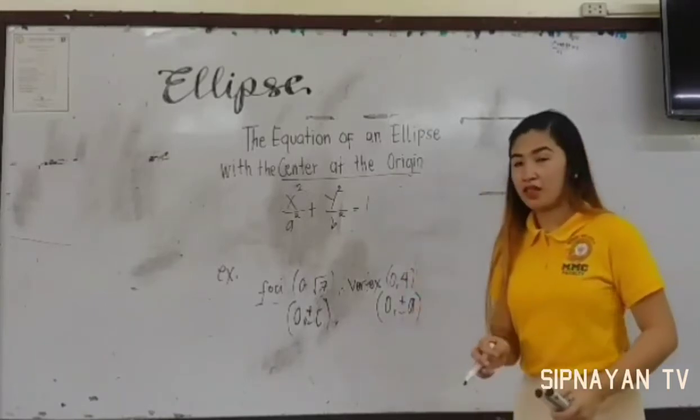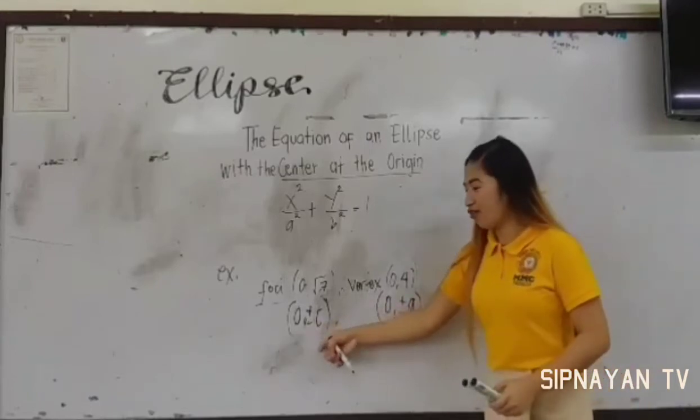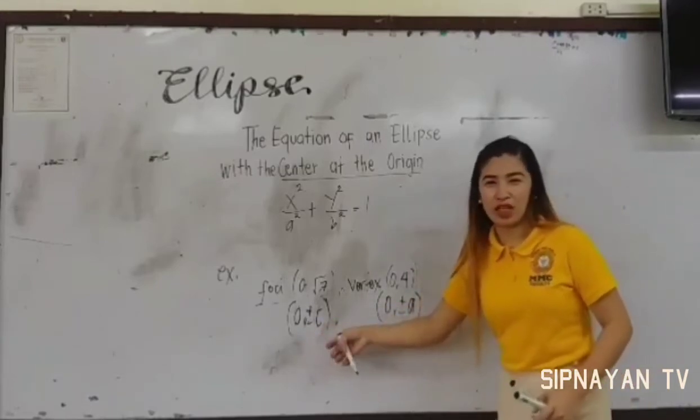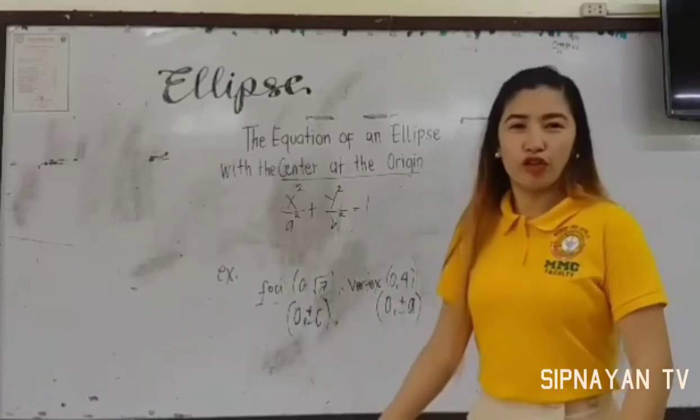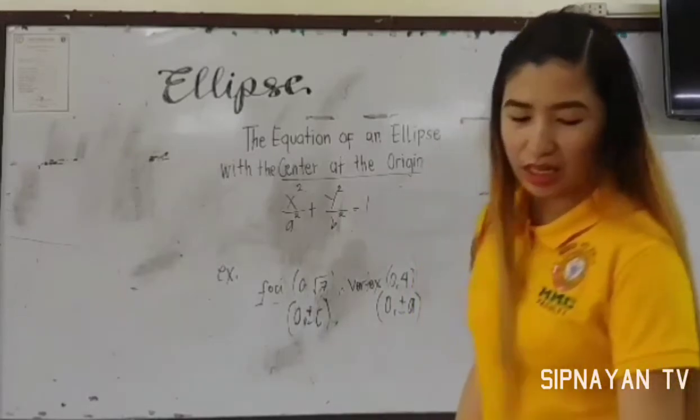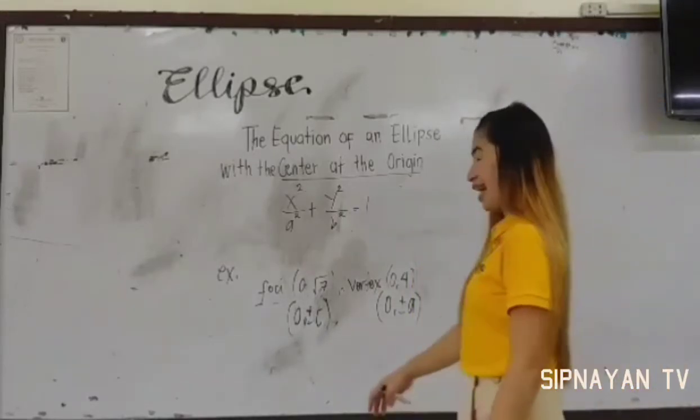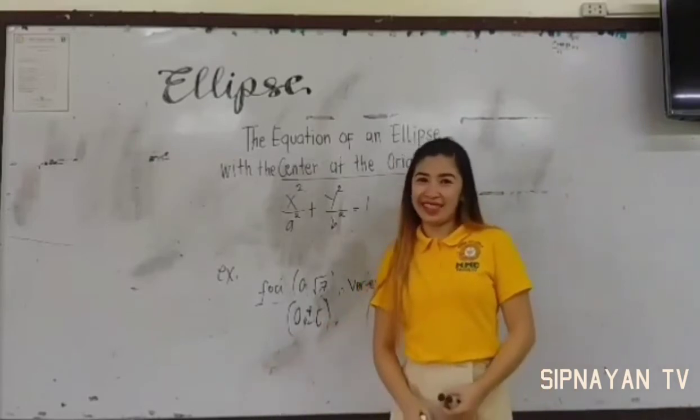Okay? So, therefore, if titingin tayo sa table, makikita natin yung 0 plus and negative c ay nasa parallel to y-axis.